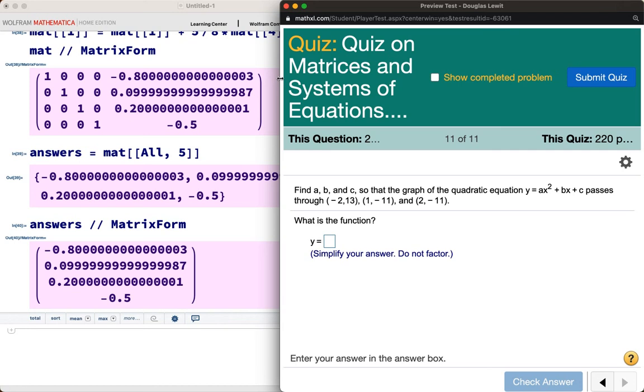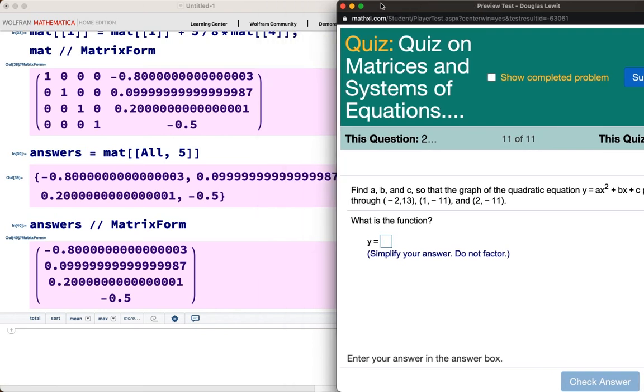Point 1, negative 2, 13. Point 2, 1, negative 11. And point 3, 2, negative 11. What is the function? This is an important problem. As business majors, you should be aware of how to do something like this.